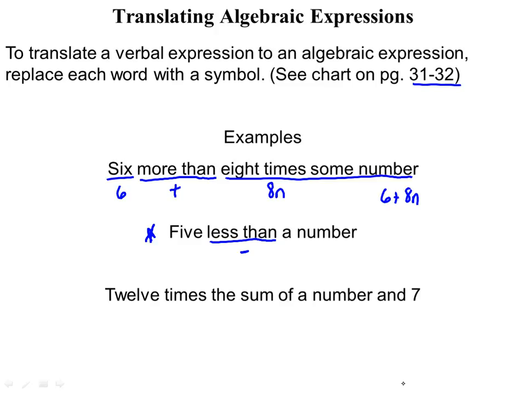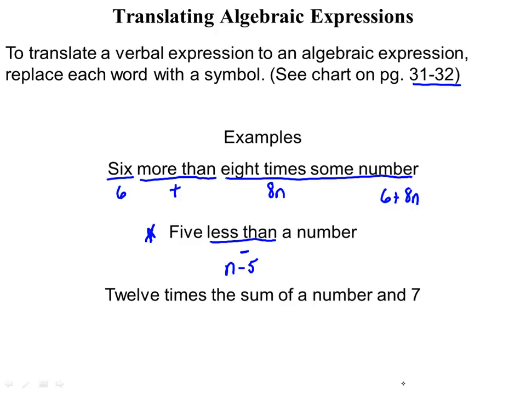If you have $200 and you lessen it by 50, how much do you have? 150. You did 200 minus 50, right? So watch this. This is going to be n minus 5. If you see less than, then you're going to have to write it kind of backwards of what you're reading.